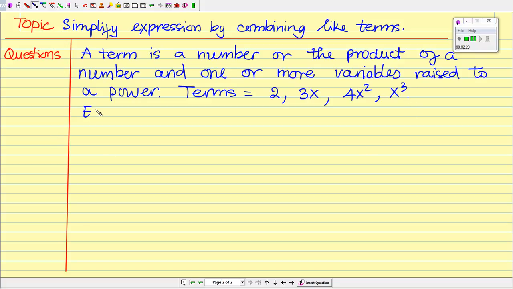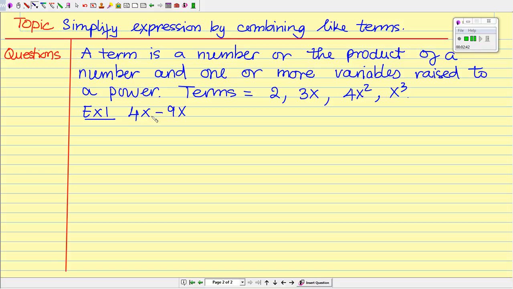Let's begin with example 1. Here we ask you to simplify this expression: 4x minus 9x.